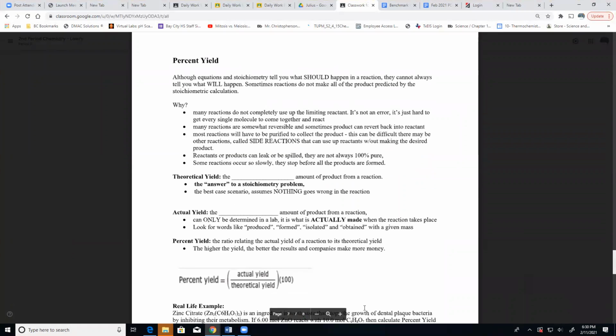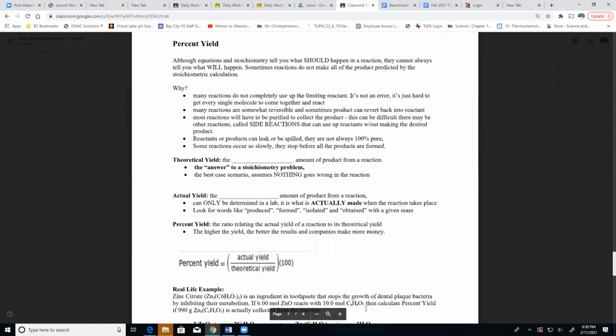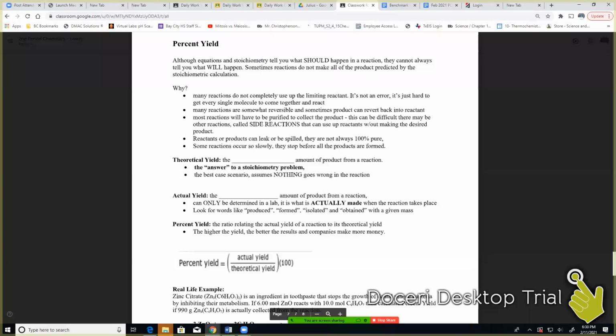Percent yield problems look at the efficiency of a reaction. When we write our reactions, we act like everything works out perfectly, and I calculate this much of the product is made, but in reality, it doesn't usually work like that. Some of the product is usually lost. It could be something as simple as human error.